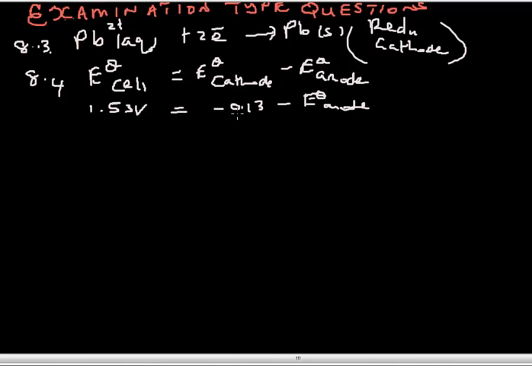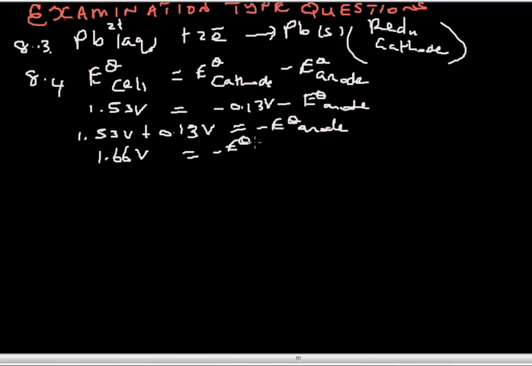If we take the minus 0.13 volts to the left hand side, it becomes positive. So we have 1.53 volts plus 0.13 volts, which gives us minus the electrode potential of our anode. If we add this, we get 1.66 volts equals minus the electrode potential of our anode.